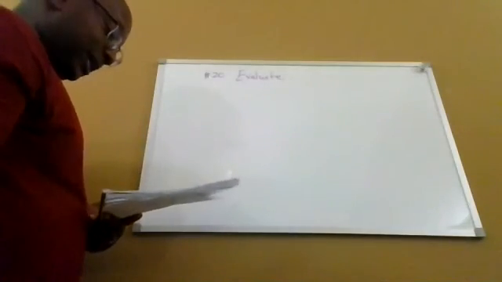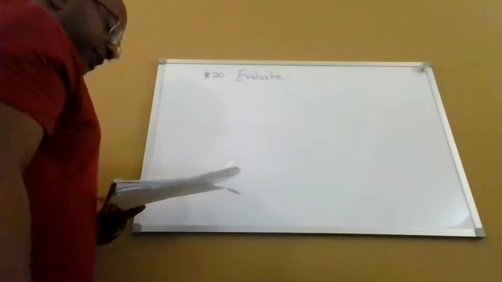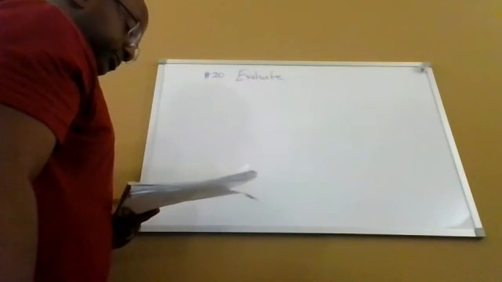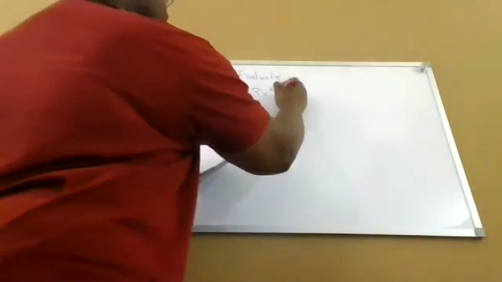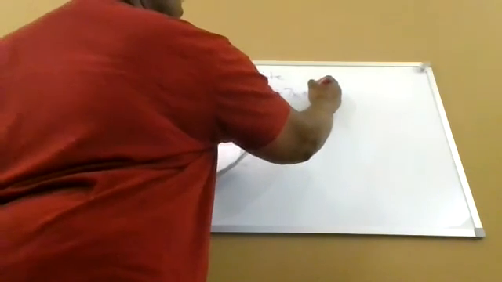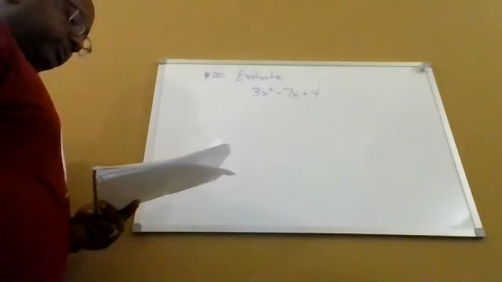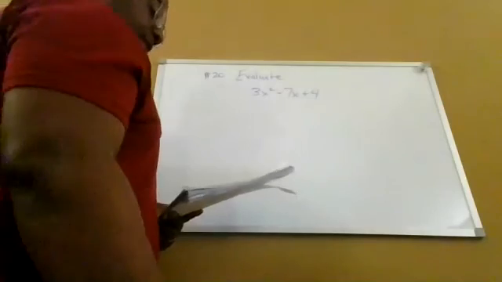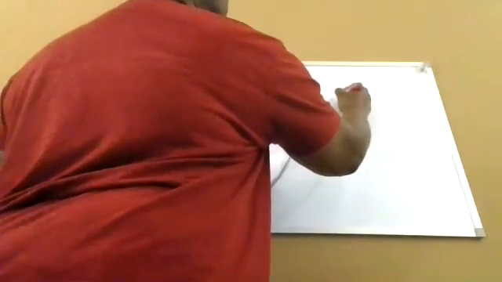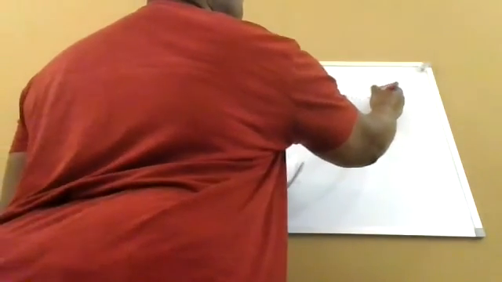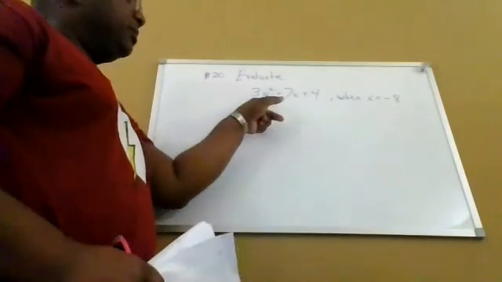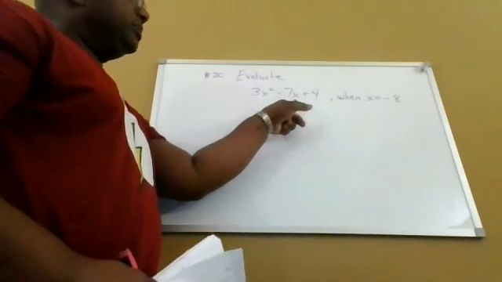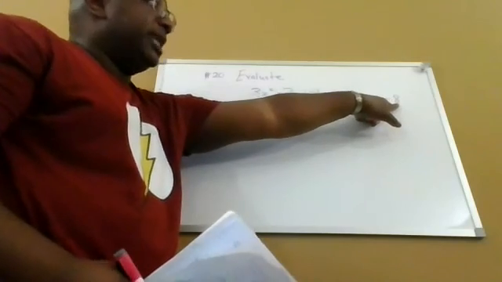So we're going to evaluate 3x squared minus 7x plus 4 when x equals negative 8. So what we do is, everywhere where we have an x, we're going to put in the number negative 8.